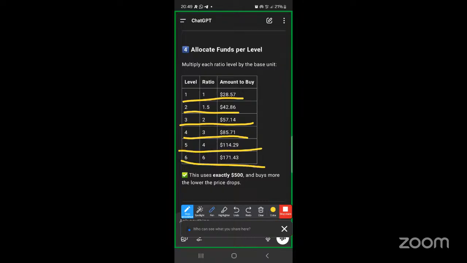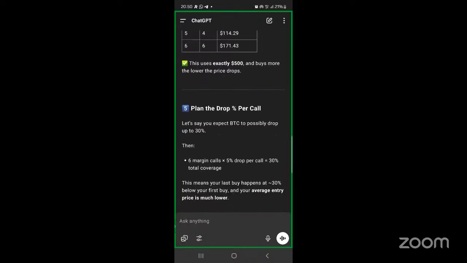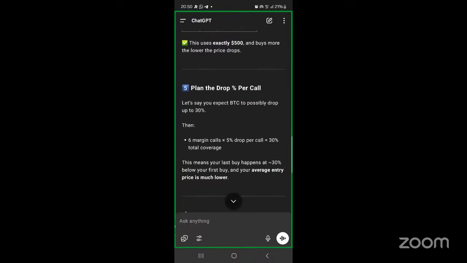If the robot went down, this one is balanced. This uses exactly 500 and buys more the lower the price drops.